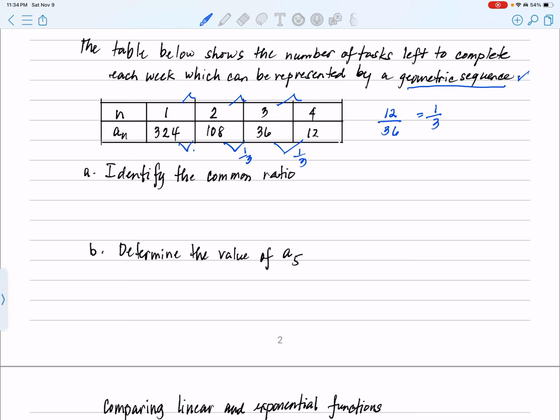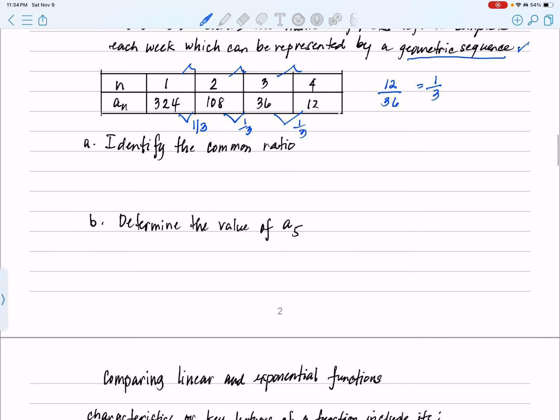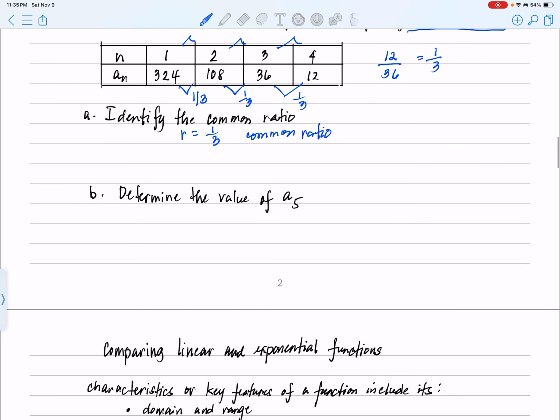So the common ratio here is 1/3. This is the common ratio. Determine the value of A sub 5.